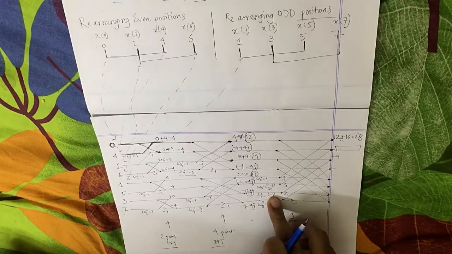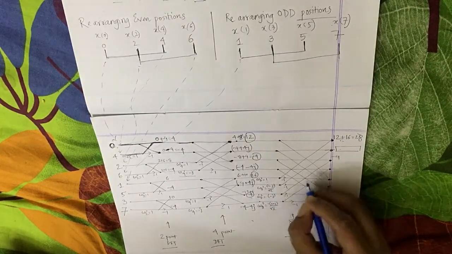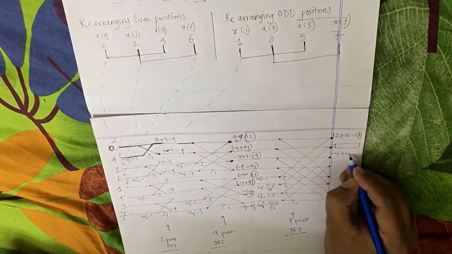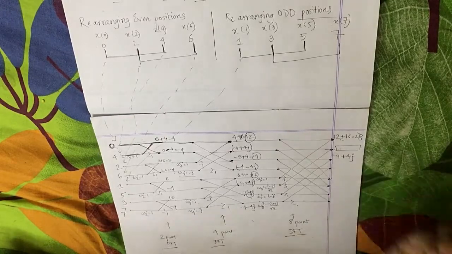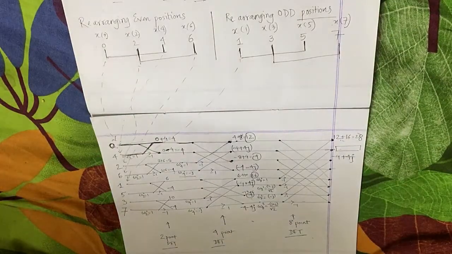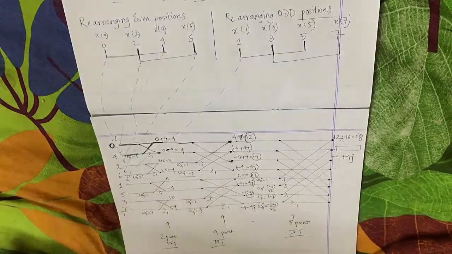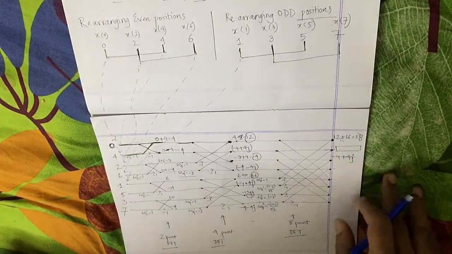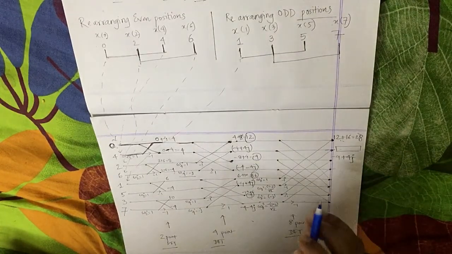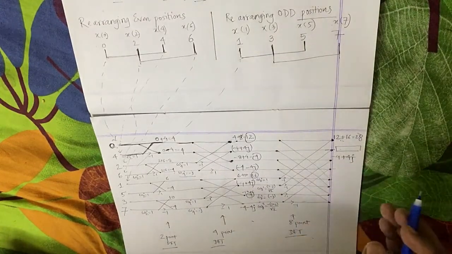Fine, +4j, and then it climbs on the hill and the value will be -4 plus 4j. Okay, I hope this is understood. If not, I would suggest you to solve it out on your own.